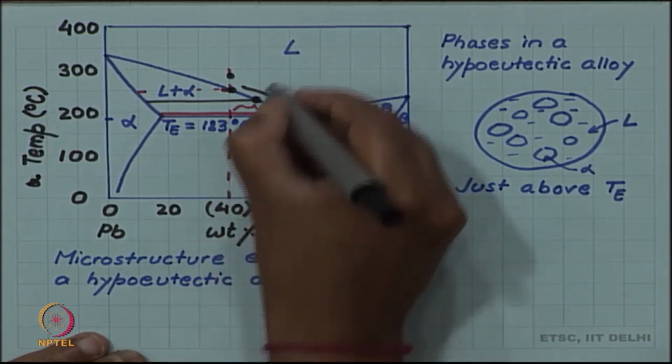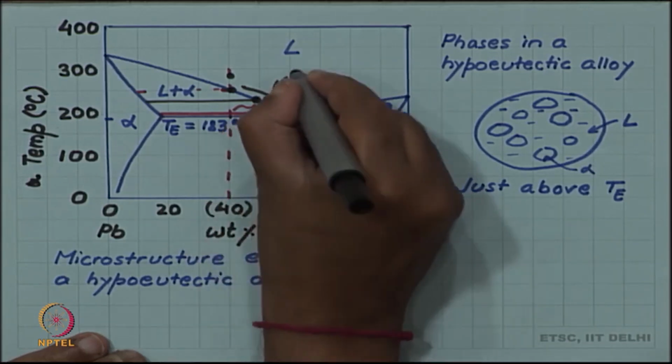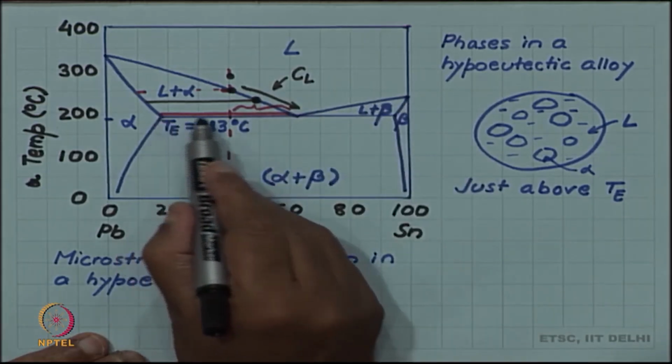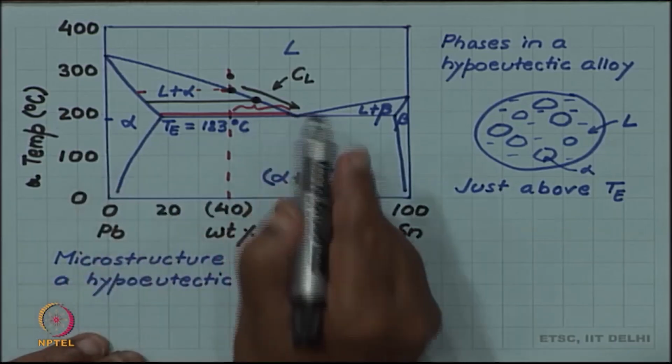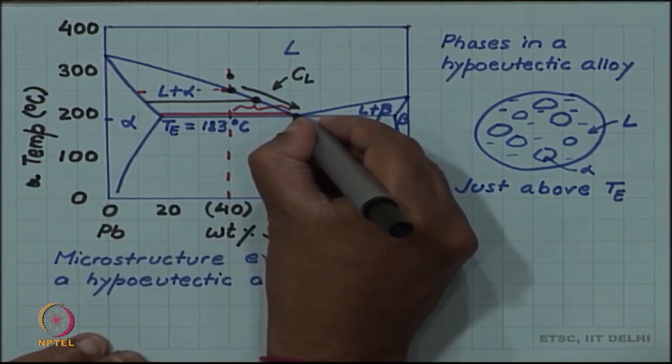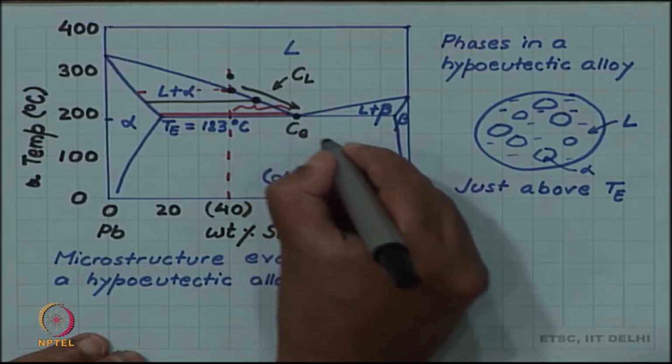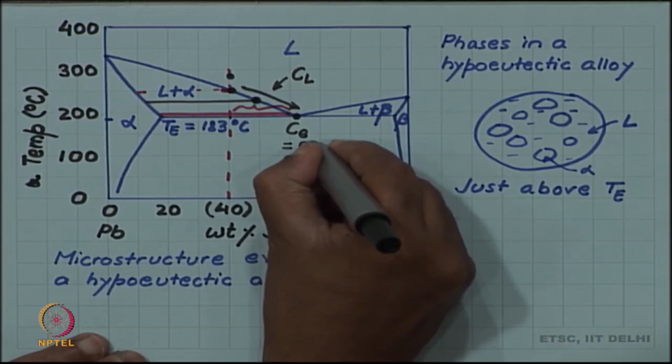So, this is the evolution of the liquid composition. Finally, just above the eutectic temperature, the liquid composition will reach exactly the eutectic composition, Ce, which is 62.8%.